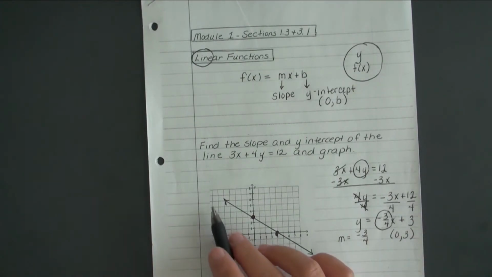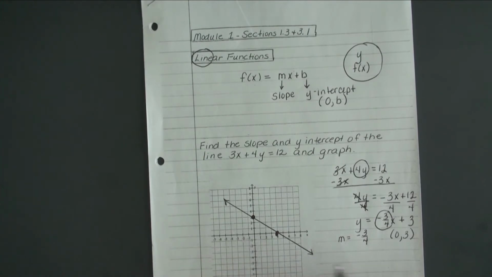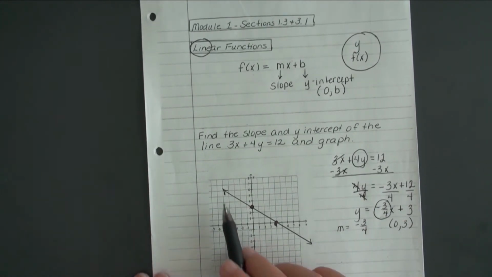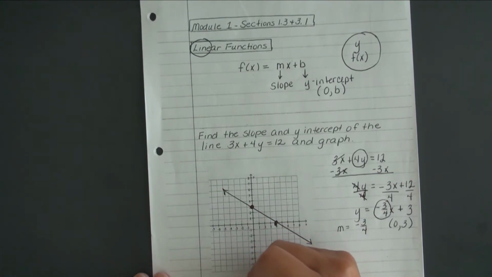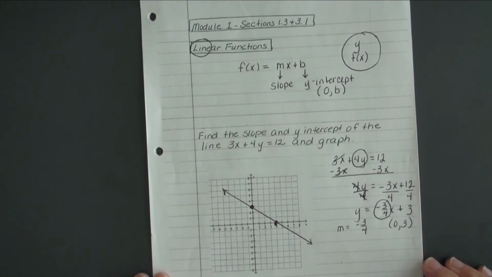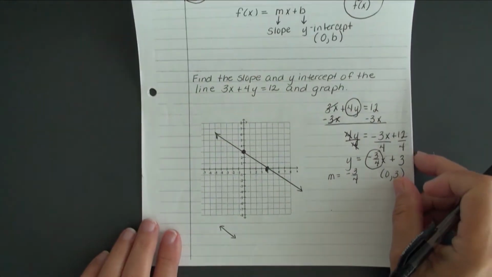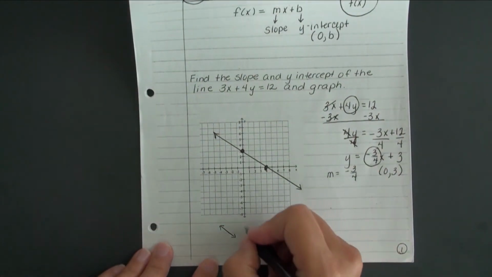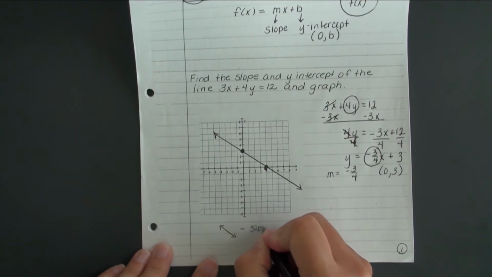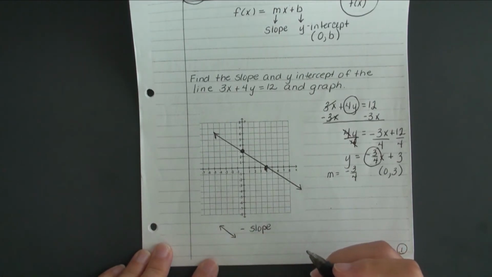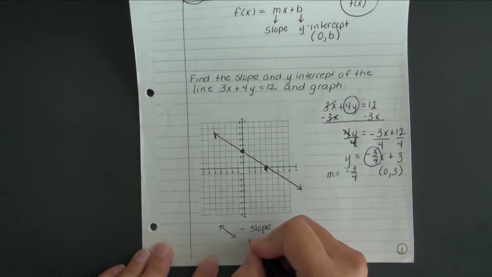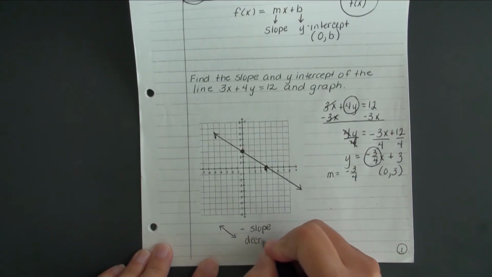Now you will notice this line slants from left to right, going down. All lines of that direction have a negative slope, and we call those decreasing functions.